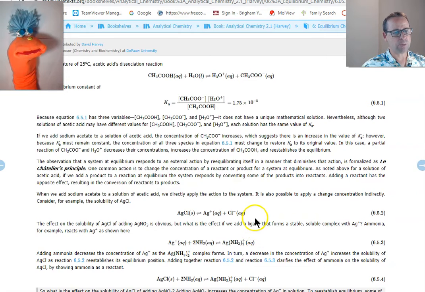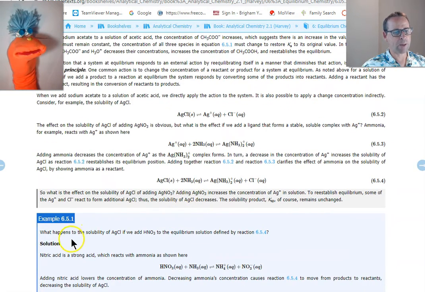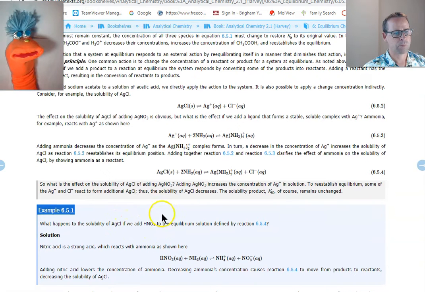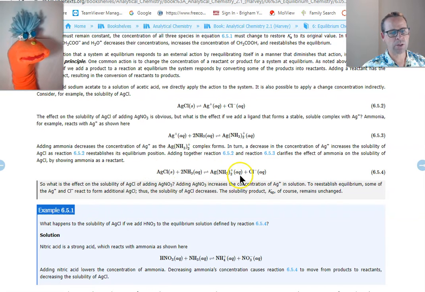Okay, so what happens to the solubility of silver chloride if we add HNO3 in this reaction here, 6.54? So here's the equilibrium reaction, and we're going to add HNO3. Well, HNO3 is a strong acid, ammonia is a weak base, and you're going to create ammonium ion and nitrate ion when you react HNO3 with the ammonia.